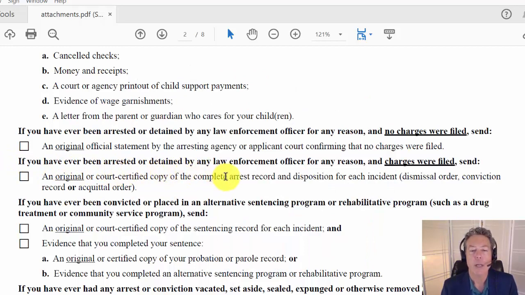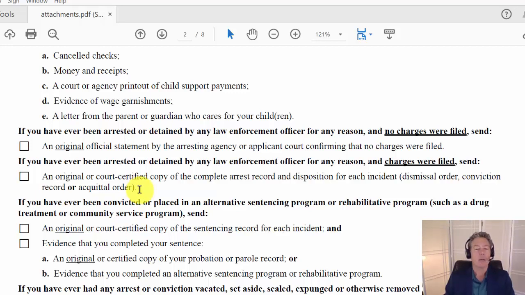Now, if you've ever been arrested or detained by any law enforcement officer for any reason and charges were filed, that means you're going to court, right? Send an original or court-certified copy of the complete arrest record and disposition for each incident, dismissal order, conviction record, or acquittal order. So we're digging in deep now.